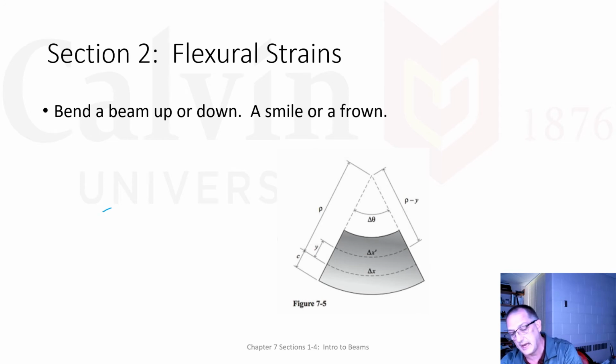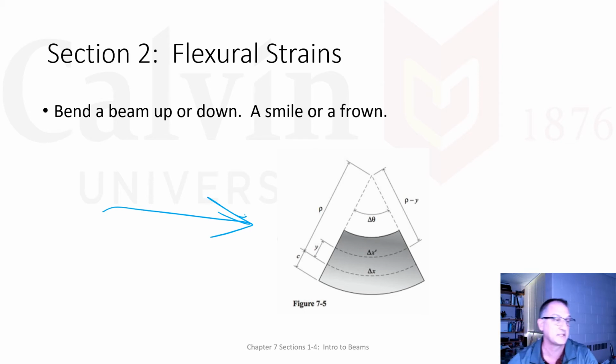This is the same diagram kind of that I was drawing. You're seeing a distance to the neutral axis, this delta x. They're calling this the neutral axis. And then there's a distance away from that, which is y. And that helps us define really how much our length has changed, and then we can start talking about strains.